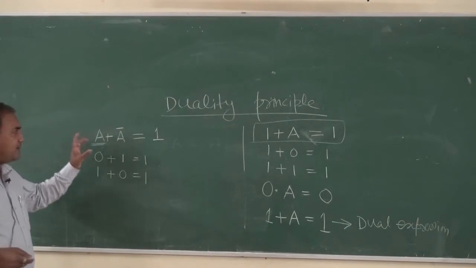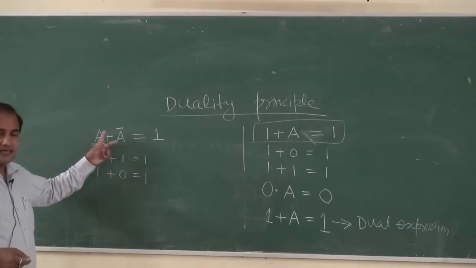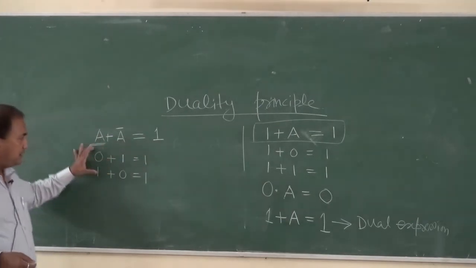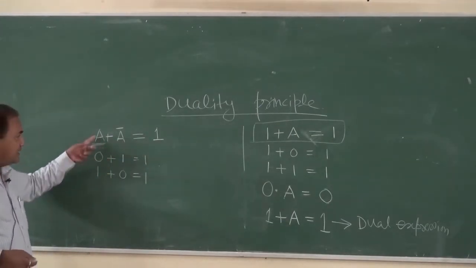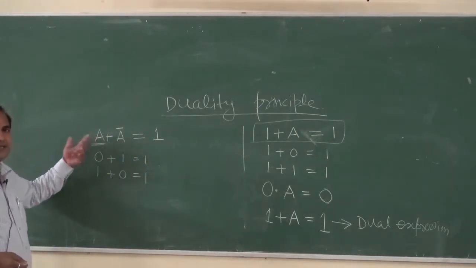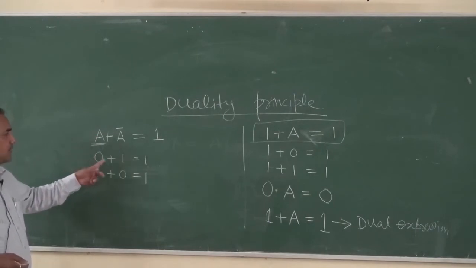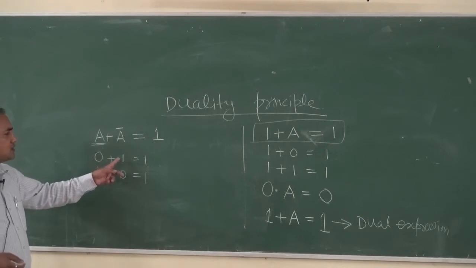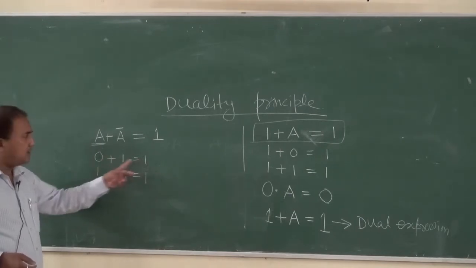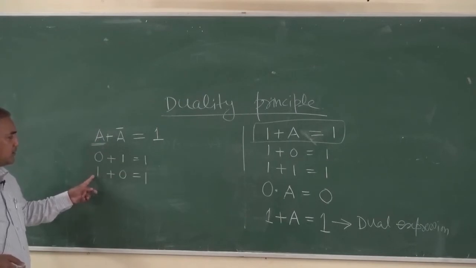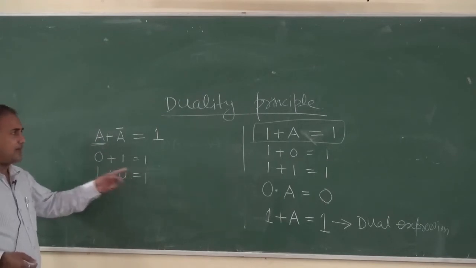So any variable plus its complement is always equal to 1. You can prove it like this: the value of A may be 0 or 1. If it is 0, then 0 plus the complement of 0, which is 1, gives 1. Similarly, if A is 1, then 1 plus 0 is equal to 1.